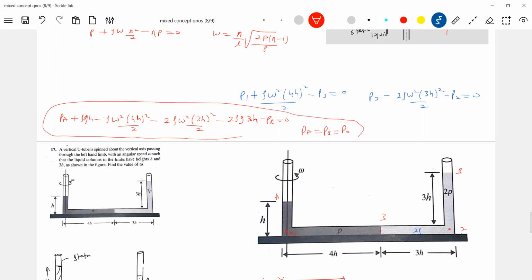No need to do that. This is directly writing the manometric equation. I think it's a skill you should acquire. When you do numericals and start analyzing, you'll think, oh, can I think like this also? Oh, fine. So why write from 1 to 3, 3 to 2, pressure at 1, pressure at 2? Straight away from A to B you write it.